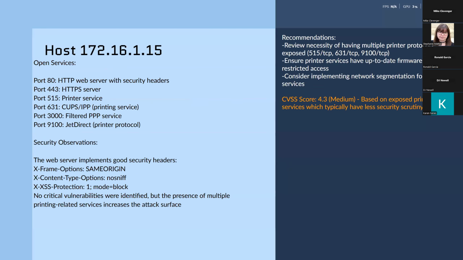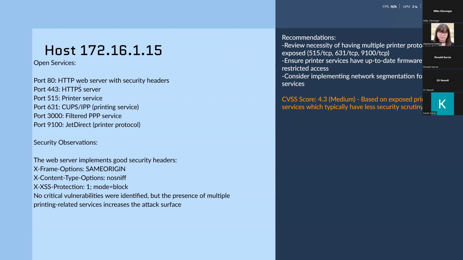Moving on to the next host in the subnet would be 172.16.1.15. I did not get any vulnerability information specifically back on this, other than all the open ports, which still in itself is a vulnerability.